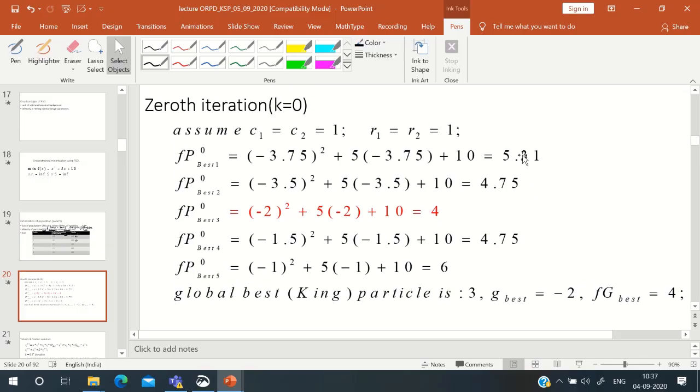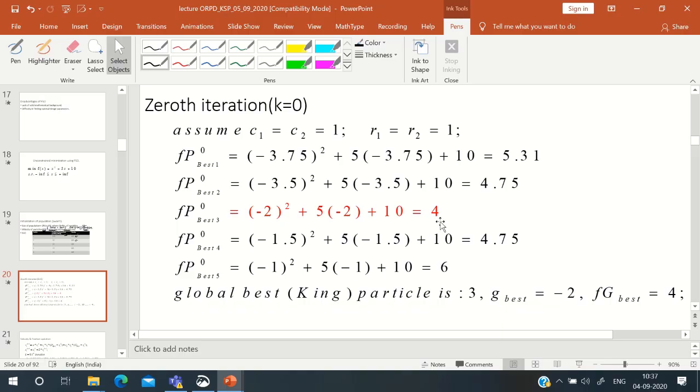Now find which function value is minimum among these 5 available values. Tell me which one is the minimum. So the minimum is this, the fourth. So this third particle is the king particle or global best particle in the 0th iteration.